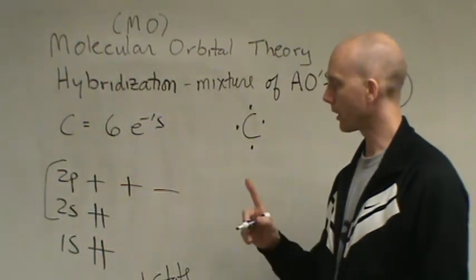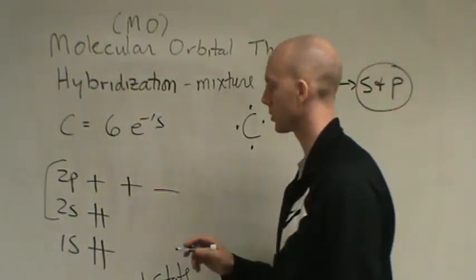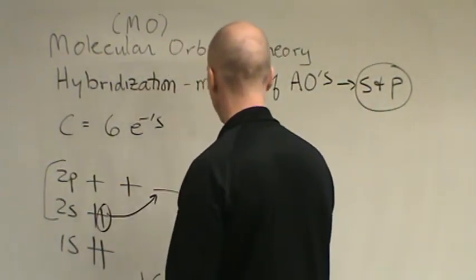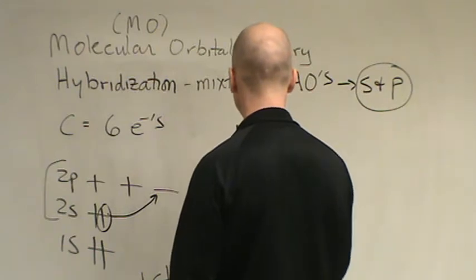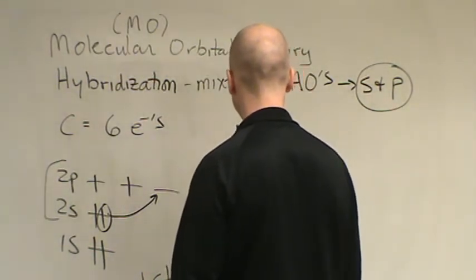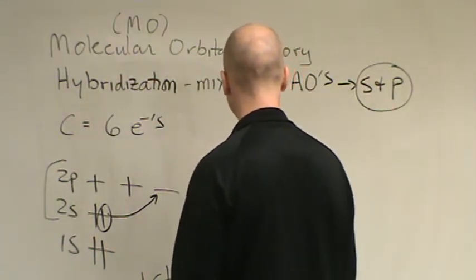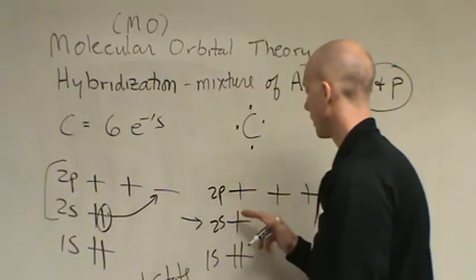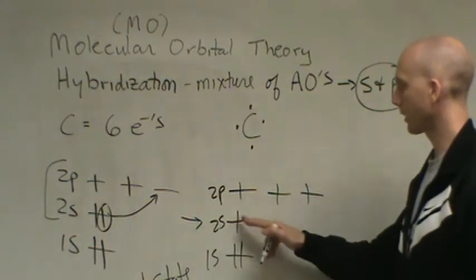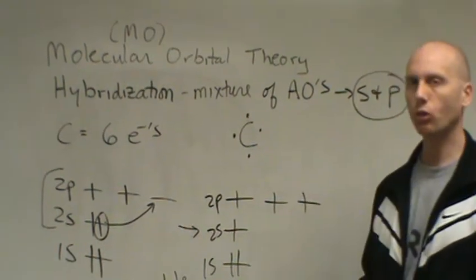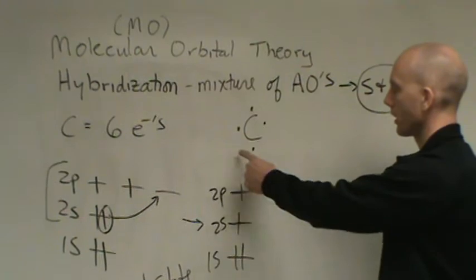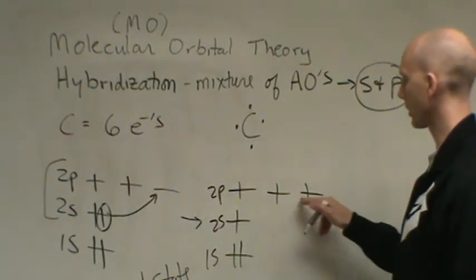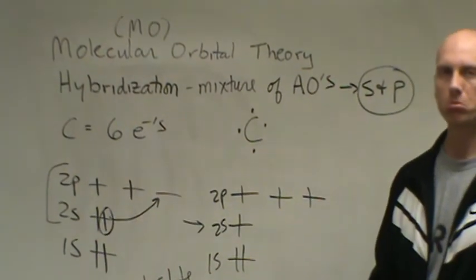What Linus Pauling proposed was that one of these electrons gets promoted up so that now carbon can have 4 single valence electrons that we can put around there. So here are the valence electrons for carbon.